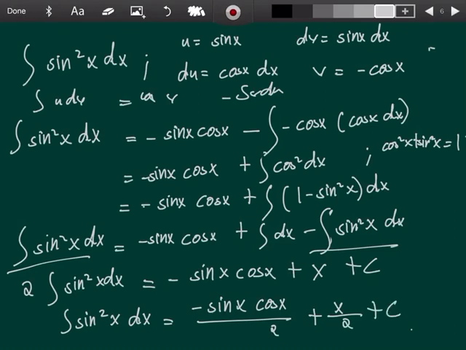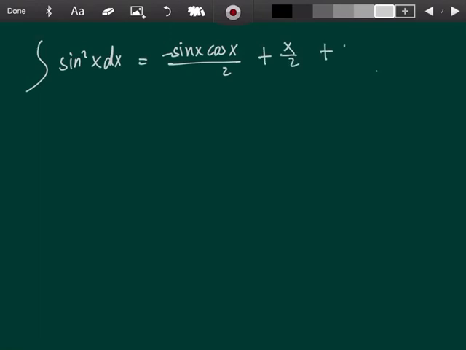Okay? So, yun class. Pero, meron pa tayong isa pang property na na-miss. Ano yun class? Sine squared x dx is equal to, ano yung answer natin kanina? Negative sine x cosine x over 2 plus x over 2 plus c.